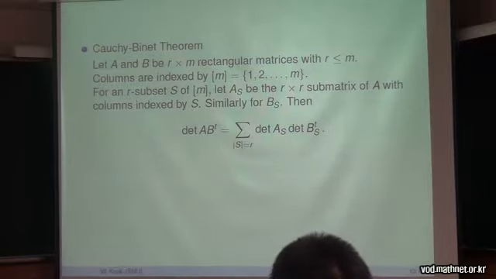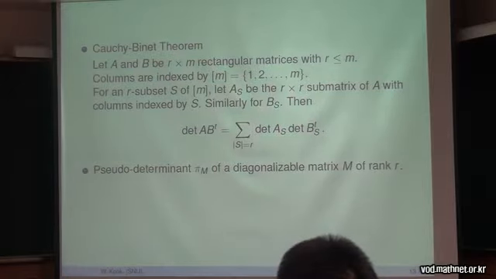Now, in general, if you have a rectangular matrix, then we multiply the determinants of the corresponding sub-square matrices, and the sum of that is going to be the determinant of the product of the two matrices of the same size.